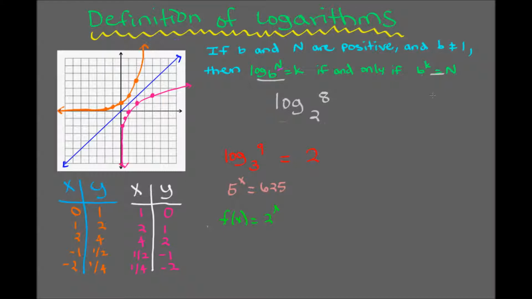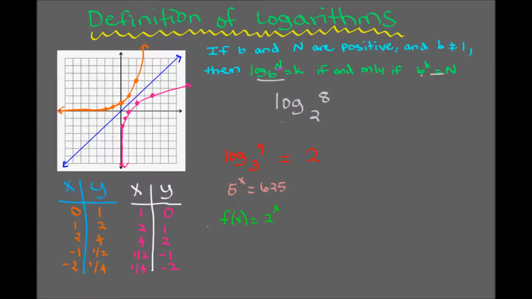So how do you convert between the log form and the exponential form? As you can see here, in both of these, b, or the base, is on the bottom. That's how I like to think of it: b for bottom, b for base. The base is always at the bottom, no matter which form it's in.